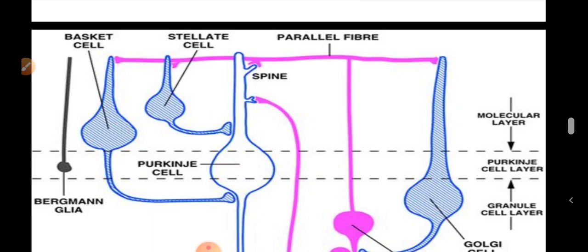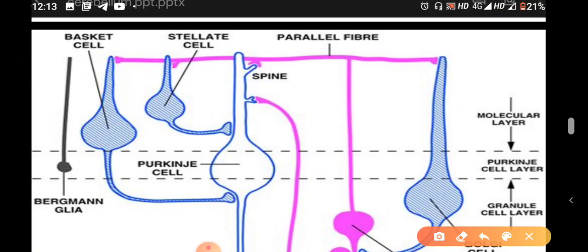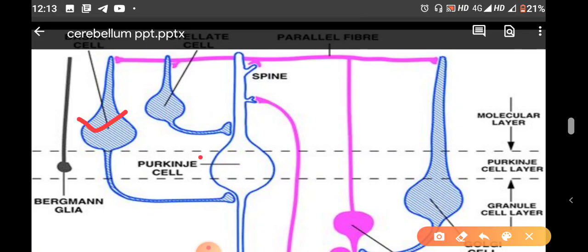So this is called feed forward inhibition of Purkinje cells. The Purkinje cell and the basket cell are excited by the same excitatory output, that is the granule cells.